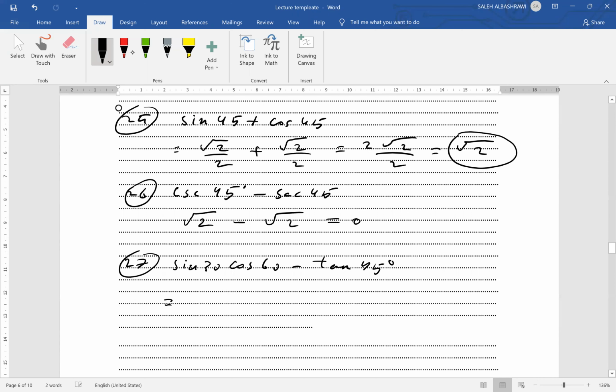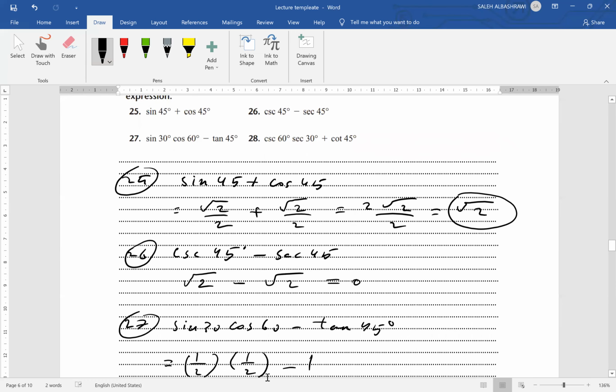We know that sine 30 is equal to 1/2, multiplied by cosine 60 is 1/2, minus tangent of 45 is equal to 1. So this is 1/2 multiplied by 1/2 equal to 1 over 4, minus 1, which is equal to minus 3 over 4. So the exact value for this expression is equal to minus 3 over 4.